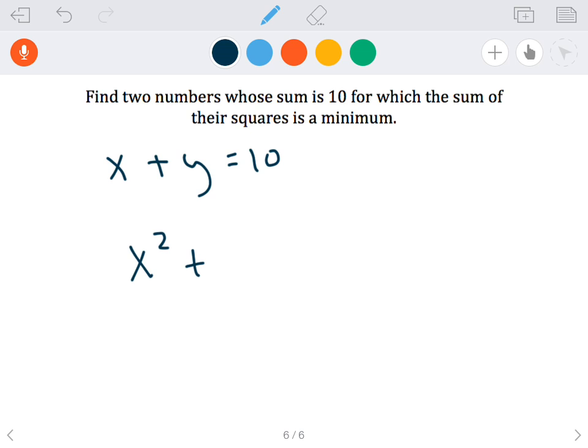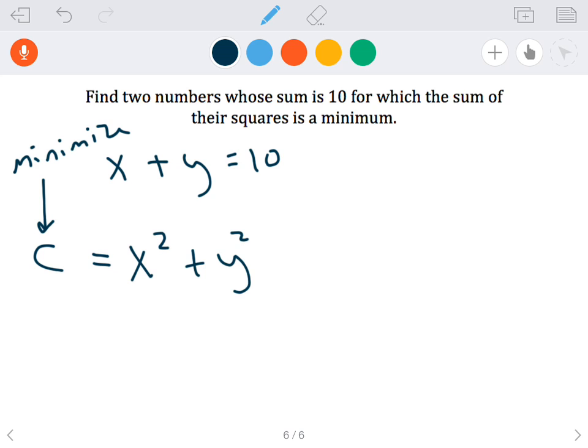So if I add these up, I'm going to get some number, and I want to minimize that number. I know that to minimize something, I have to take its derivative, find its critical numbers, etc. And before I can take the derivative, I need one variable.